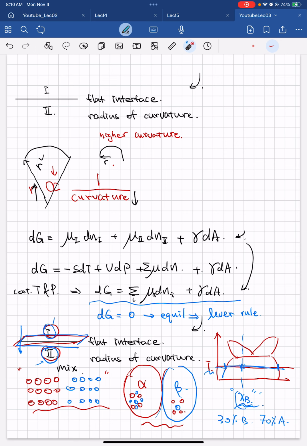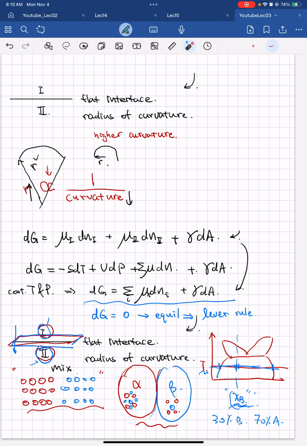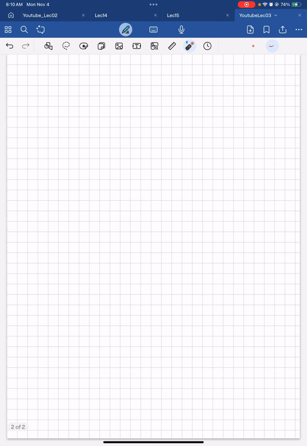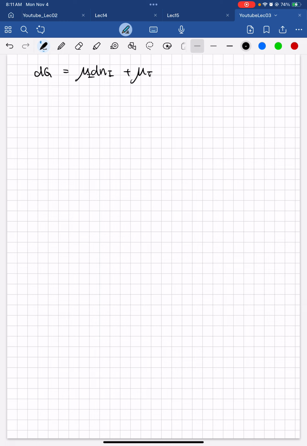Meaning that we can rearrange this equation: dG equals mu 1 dn1 plus mu 2 dn2 plus gamma dA, and equals 0 because it's at equilibrium.